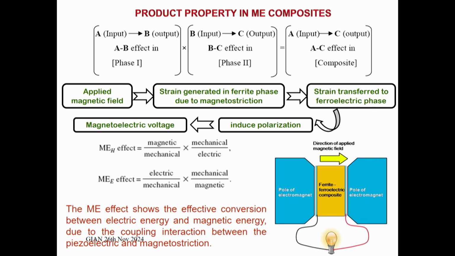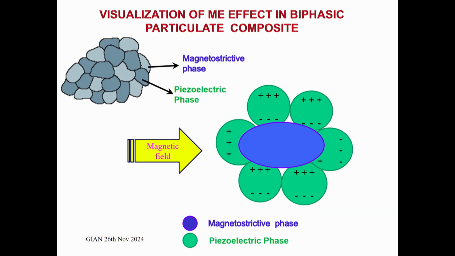The other way, you can also apply an electric field. The applied electric field produces changes in the mechanical shape and size of the material, that acts as an input to the magnetic material, and ultimately there is a change in the magnetic field. This is what is called a product property. The output of phase 1 acts as the input to phase 2, and that gives you better property.